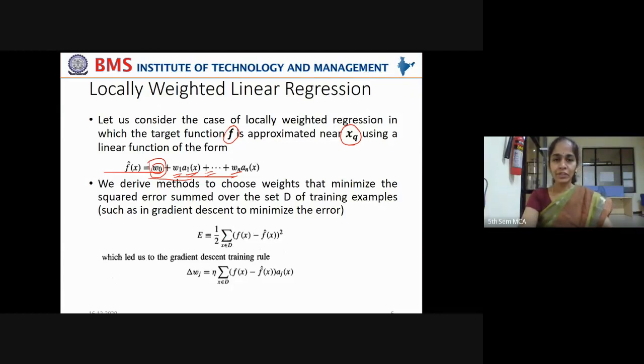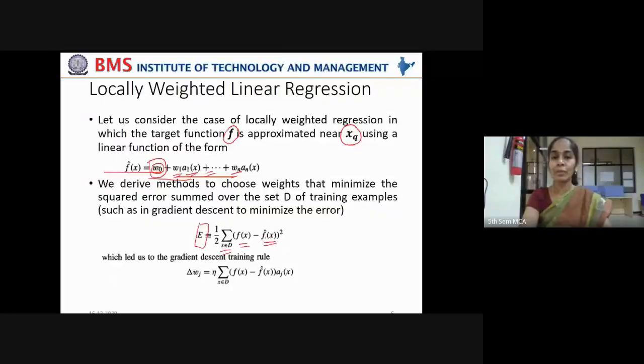So that is mentioned here, that E is 1 by 2 sigma over x belongs to D, for every instance x that belongs to D. You are squaring the difference between the original value and the predicted value. What is the predicted value here? The estimated value. What is the estimated value represented by? f cap of x.